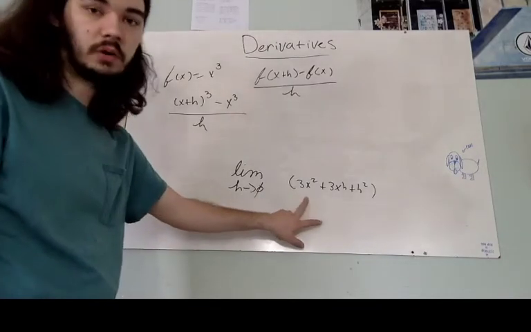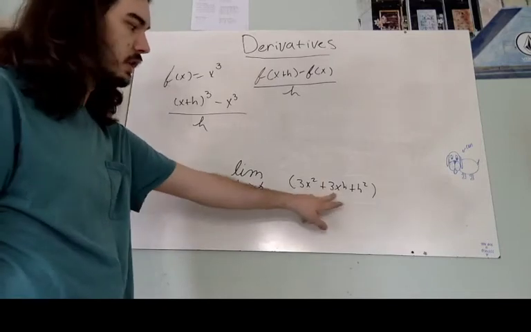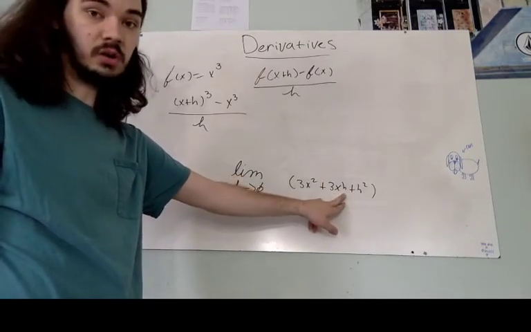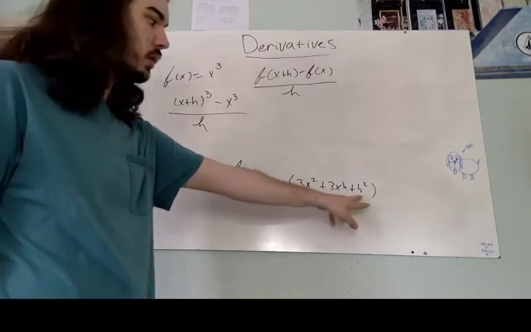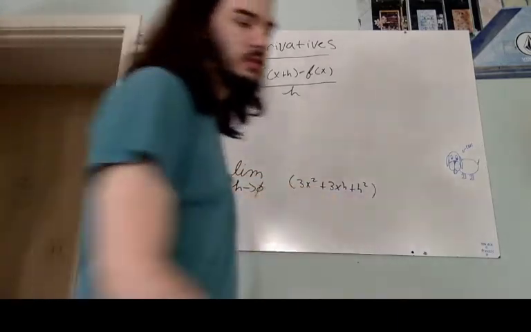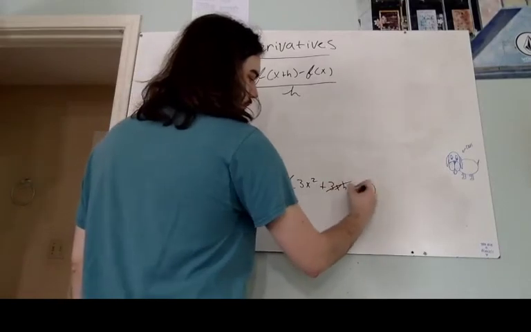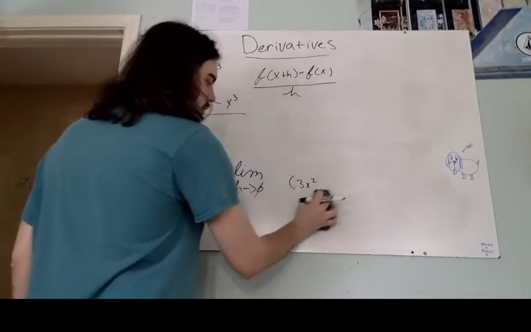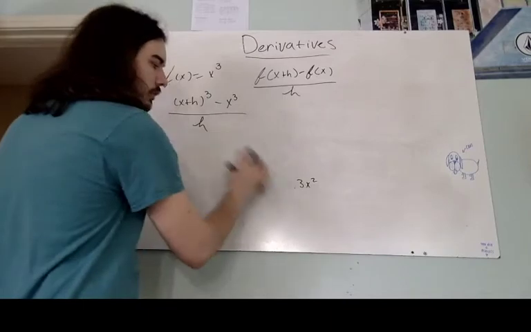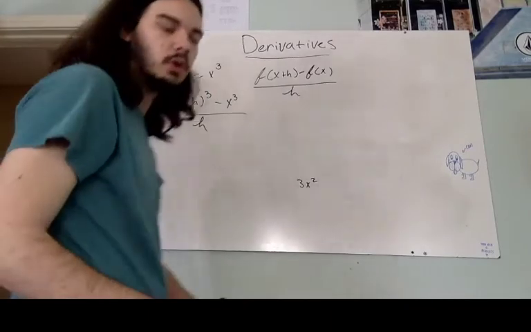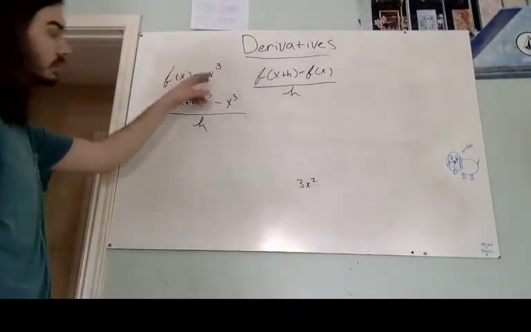Well, 3x squared has no h in it, so it's not going to make a difference. 3xh is going to go to 0 because we're multiplying by 0. h squared is going to be 0 times 0. So all these terms cancel, and we're just left with 3x squared. So that's going to be the derivative of this function.